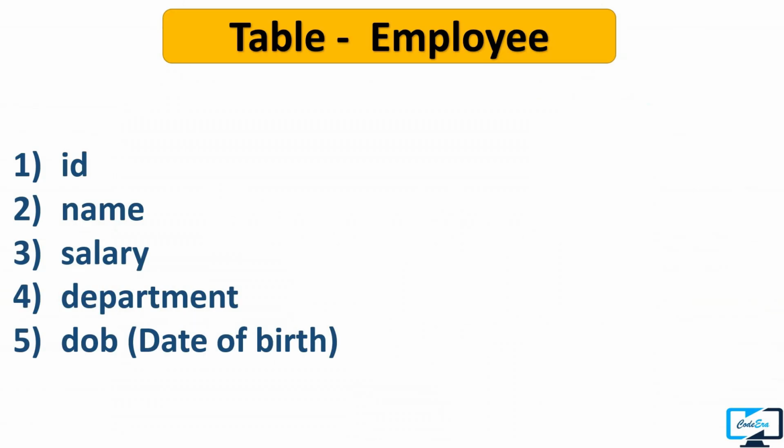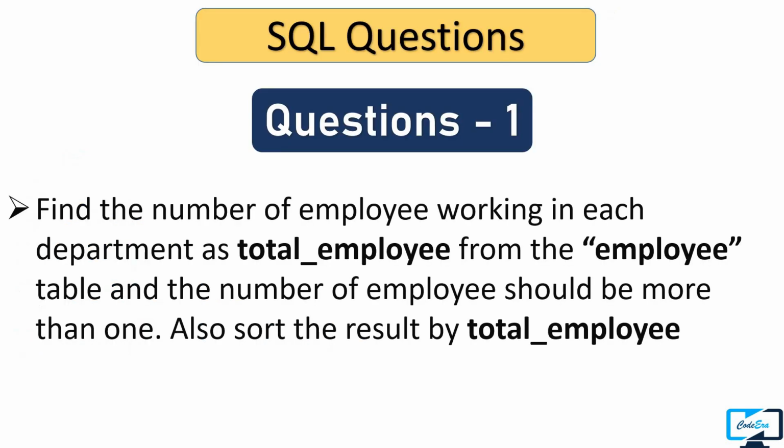Now let's solve a question using having clause. In our employee table we have these 5 columns, which are ID, name, salary, department and date of birth. Our first question is: find the number of employees working in each department as total employee from the employee table, and the number of employees should be more than 1, and also sort the result set by the total employee. To solve this question, let's first break down this question into simple steps.